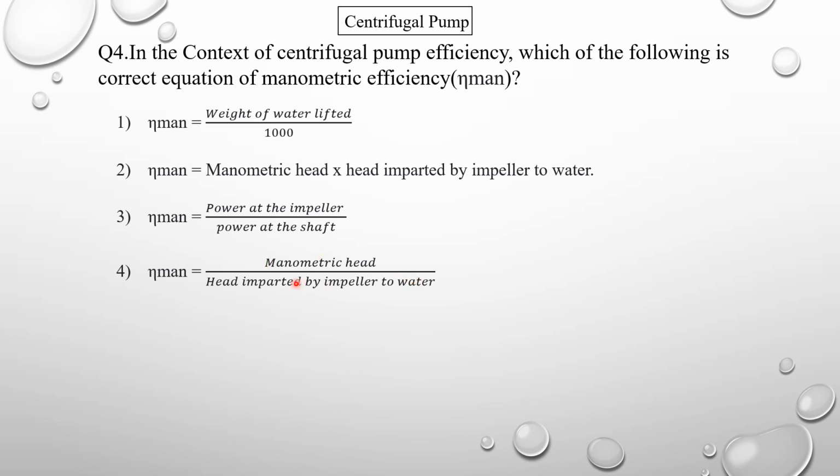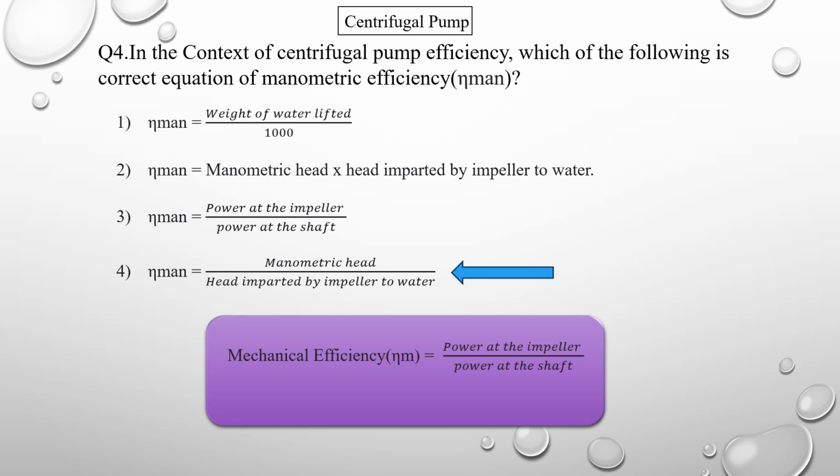Yes, this is the correct option. The manometric efficiency is manometric head to head imparted by impeller to water. Then this is the formula for mechanical efficiency, which is power at the impeller to power at the shaft. Then overall efficiency is the product of manometric efficiency and mechanical efficiency.